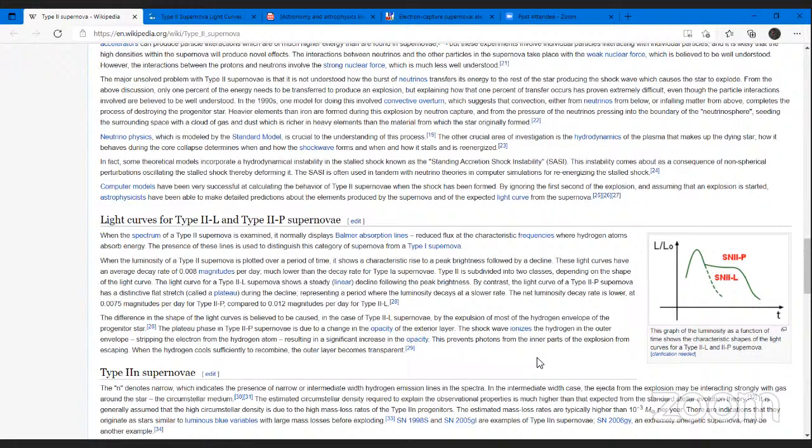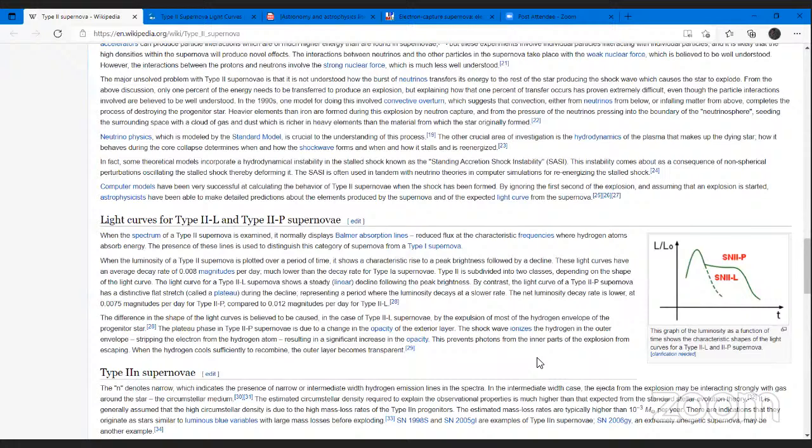You could see that in type 2 linear supernovae, the decay rate is maximum. Why is it maximum? Because it is the expulsion of the hydrogen envelope, so mass is actually expelled.